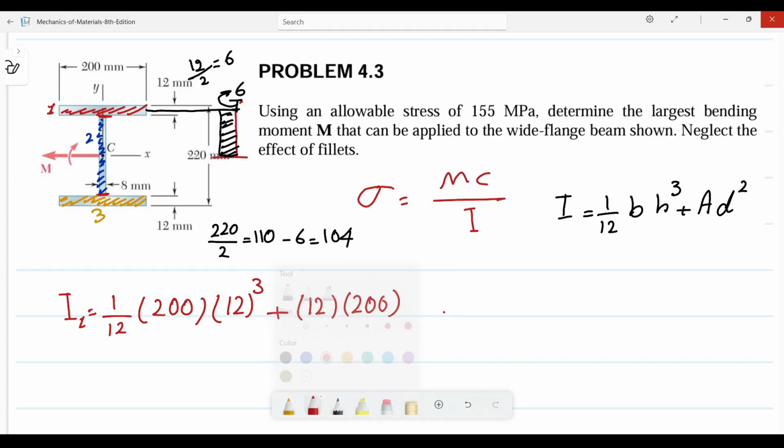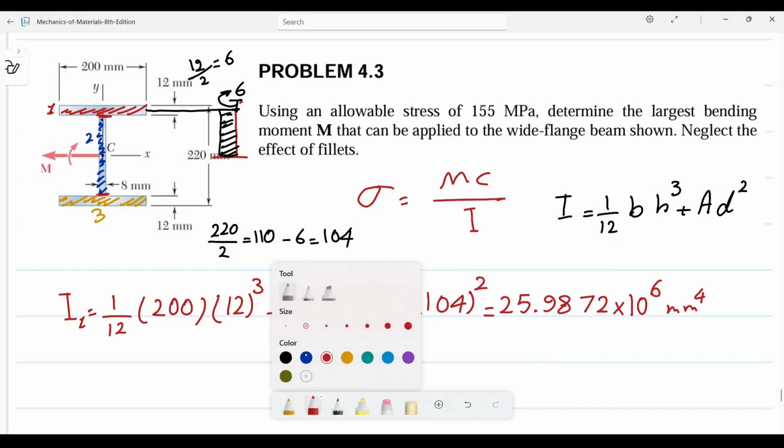And here we have 104 to the power of 2. Here we have 2, which is approximately equal 25.9872 multiplied by 10 to the power of 6 millimeter to the power of 4.